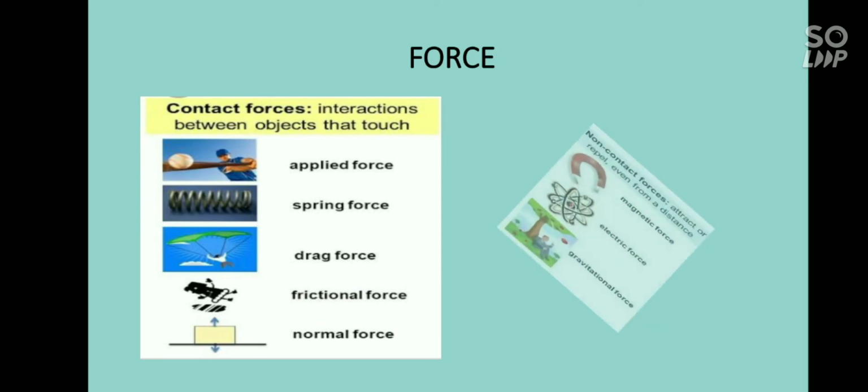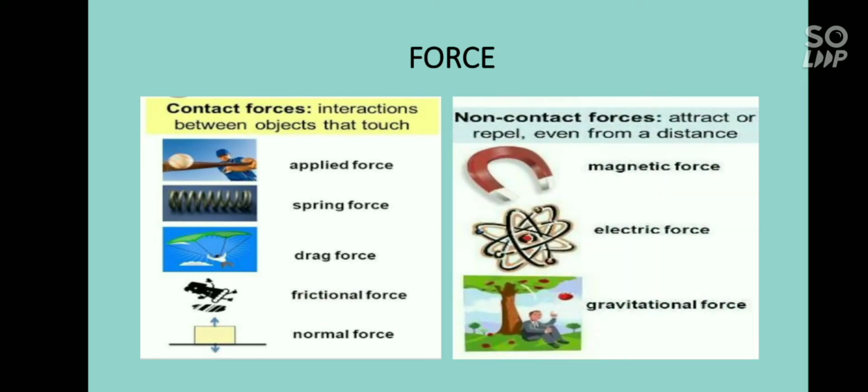The next one is non-contact force. In non-contact force there is either attraction or repulsion, and it happens from a distance. Here the object is not in contact with the agency creating the force. For example, magnetic force.